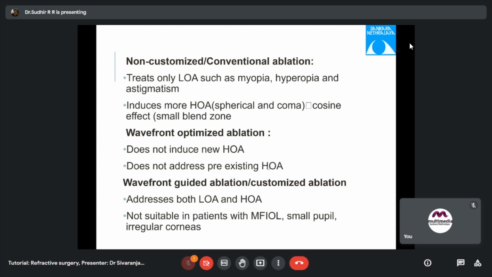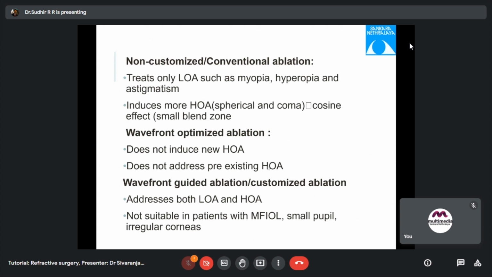Now it is so fine, and they are flying spots. The rate is very high, that is 500 hertz. The spot size is very small, and since it's a flying spot, we can create different zones. Whereas in broad beam lasers also we used to have different zones, by obstructing the beam so that we create multiple zones.